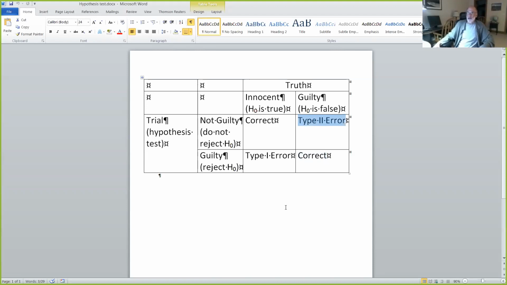Generally speaking, errors are not symmetric. And depending on the circumstance, you might be much more concerned with one kind of error than another. And it's especially true in business applications. In a jury trial example, the Constitution actually tells us what the asymmetry between these errors looks like.